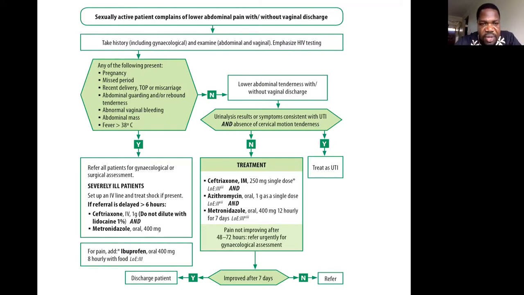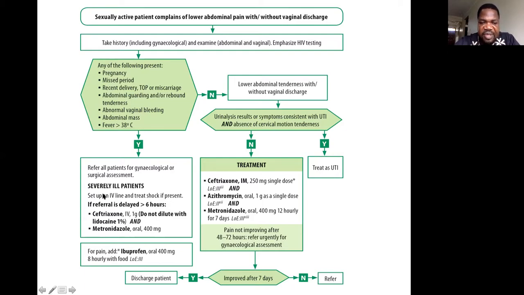Look for abdominal guarding or rebound tenderness during the physical exam, vaginal bleeding, abdominal mass, or fever above 38 degrees. So if you establish any of this, then you really need to refer this patient to a gynecologist for appropriate management.